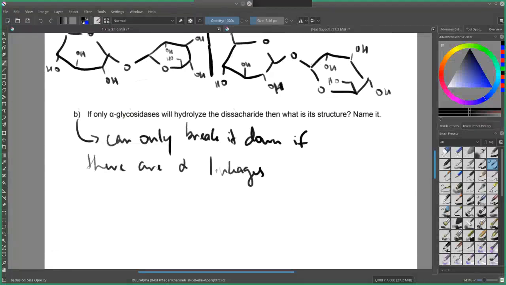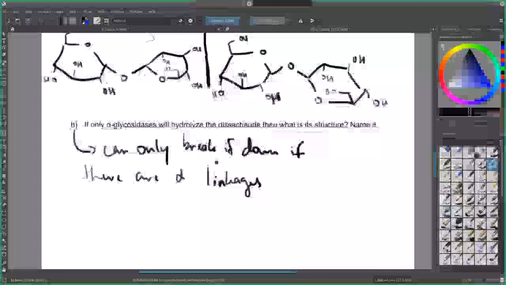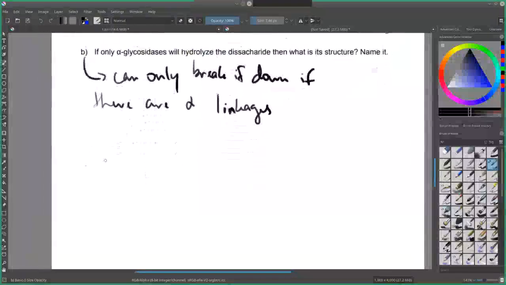The important part is just that it's if there are alpha linkages. In most other problems, it would be different, but here it's only different because it's bonded at the anomeric carbon for both of the sugars, and in most sugars it's only bonded at one of the anomeric carbons. So it's not as much of a consideration. But in this case, we'll say, okay, only if there are alpha-alpha linkages.